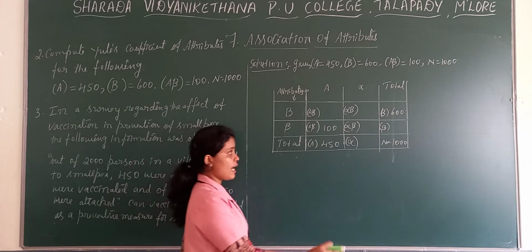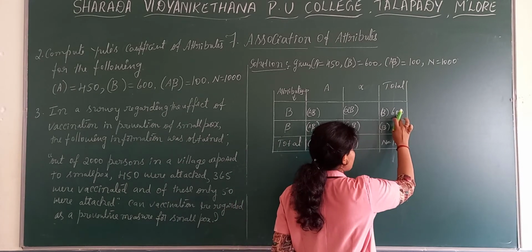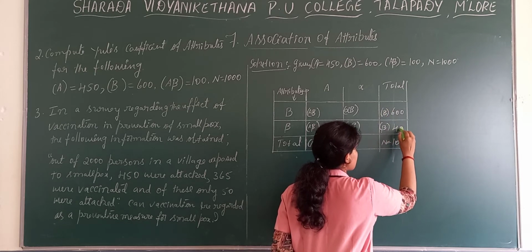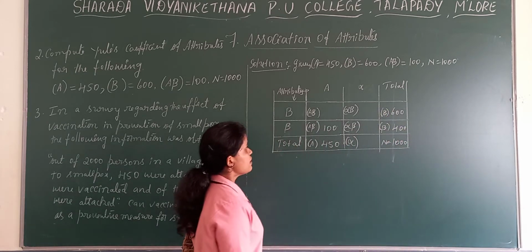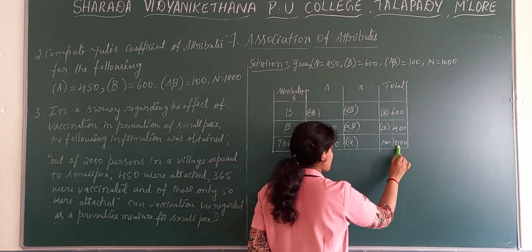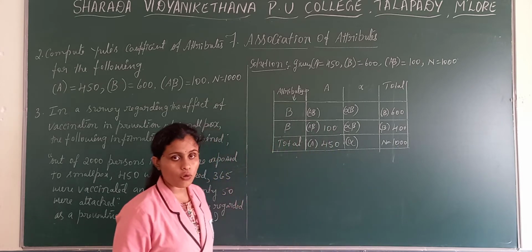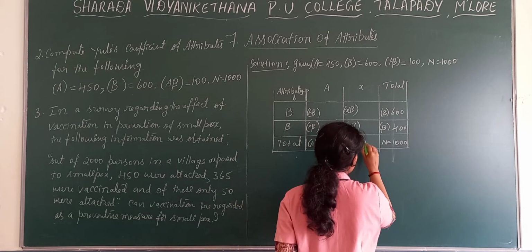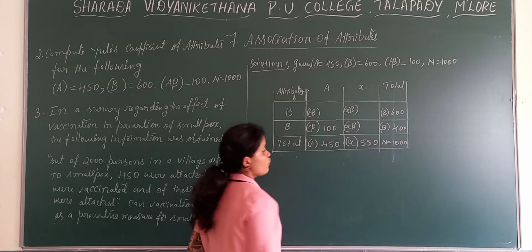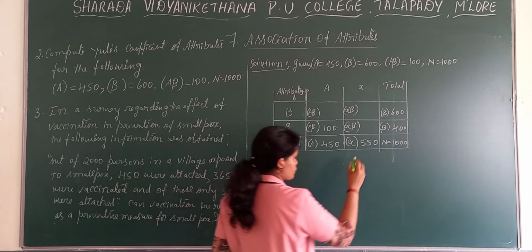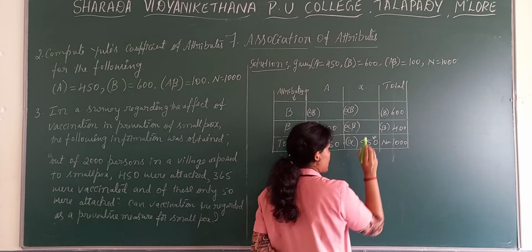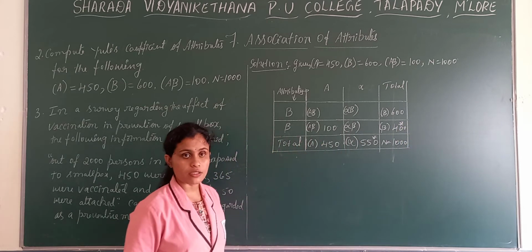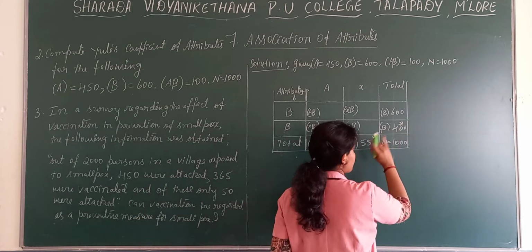Here the grand total is 1000 and B is 600, so beta is 400. Then here it is 1000 and A is 450, so what is the value of alpha? Alpha will be 550.